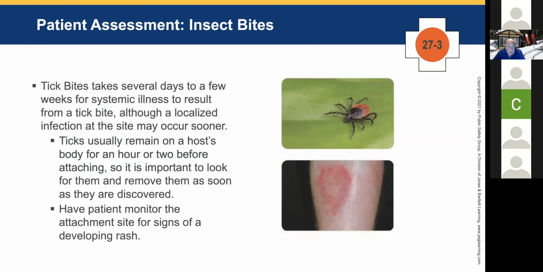Tick bites take a few days to a few weeks for systemic illness to result from a tick bite, although localized infection at the site may occur sooner. Here you're seeing a picture of a tick. You're also seeing an irritation after the tick bite. They say ticks usually remain on the host body for an hour or two before attaching, so it's important to look for them and remove them as soon as they're discovered. Have the patient monitor the attachment site for developing rash.